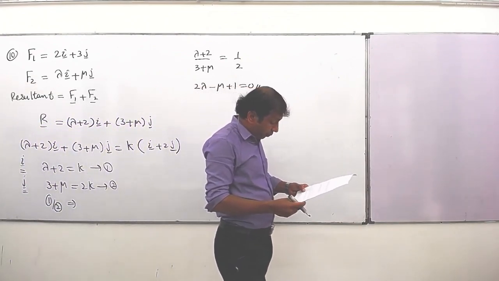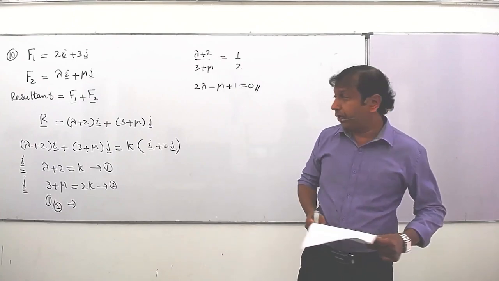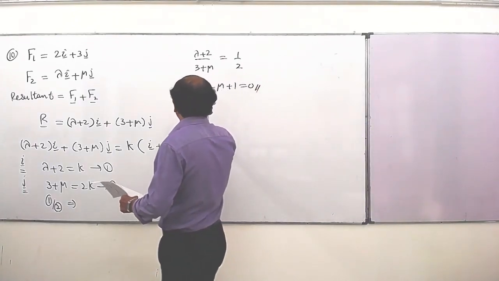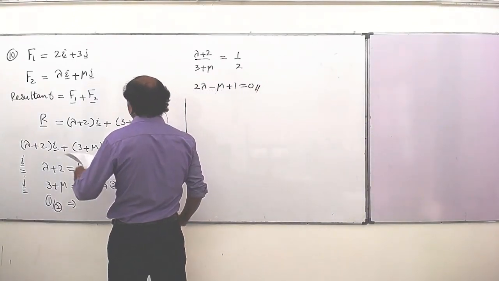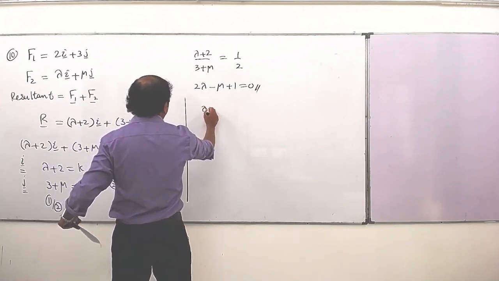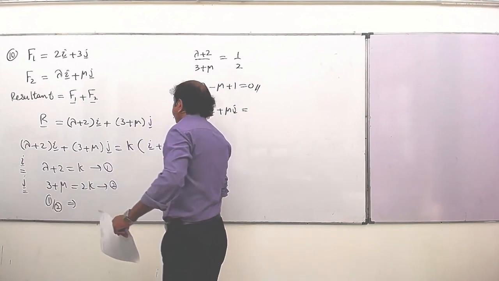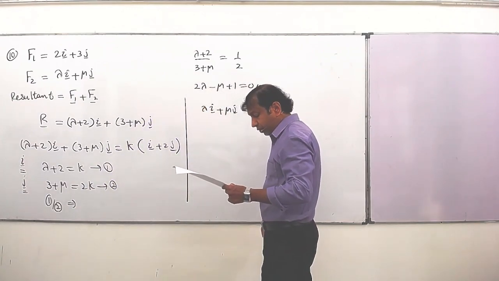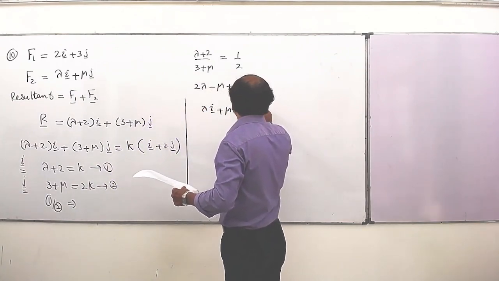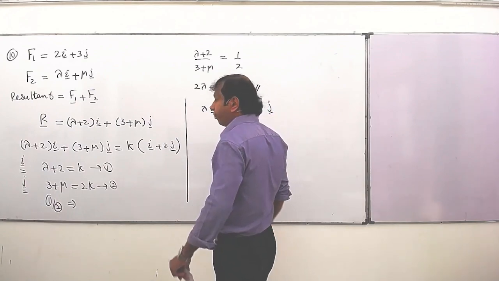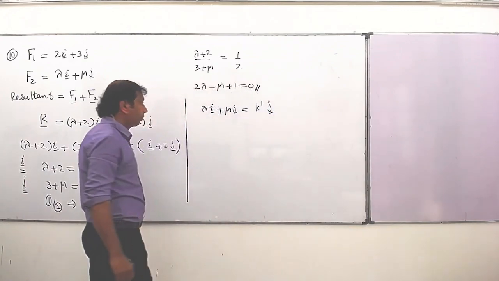If force F2 is parallel to vector j, if force F2, lambda i plus mu j, this is parallel to vector j, I can write this as k dash j. Correct now? k dash j.